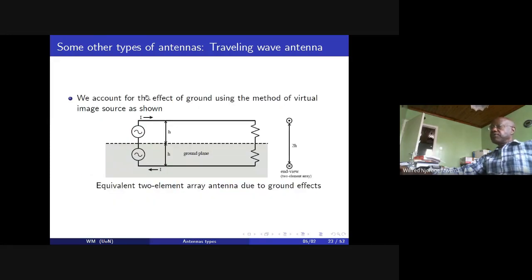So we can account for the effects of the ground plane using the method of virtual image sources, by reflecting that line into the ground, and we get another line at the bottom. Now we have a transmission line with those two generators feeding it, and of course the two terminating impedances at the end of the line.